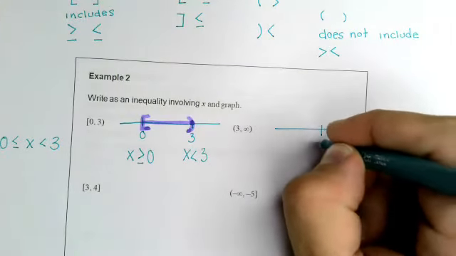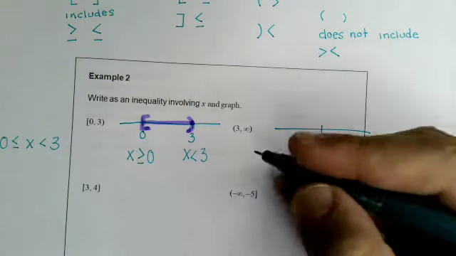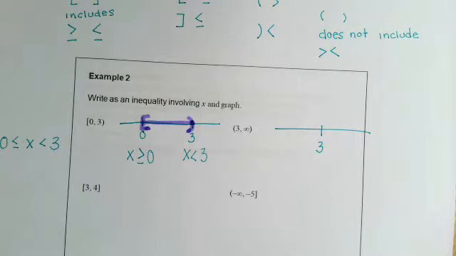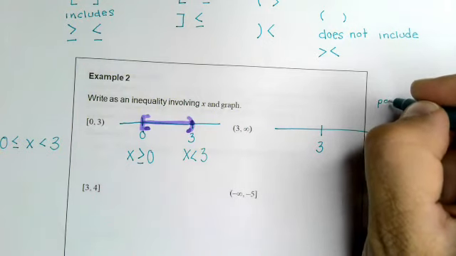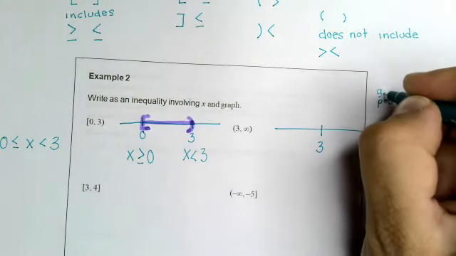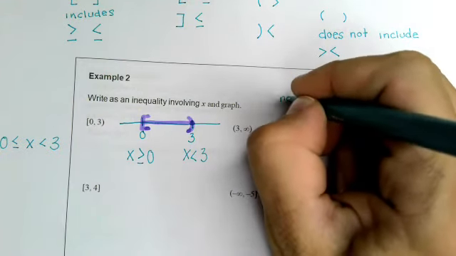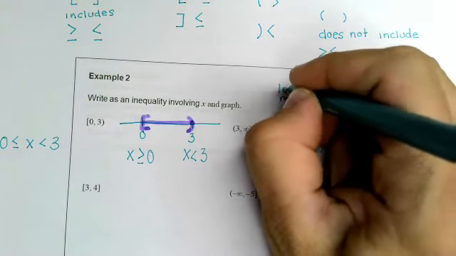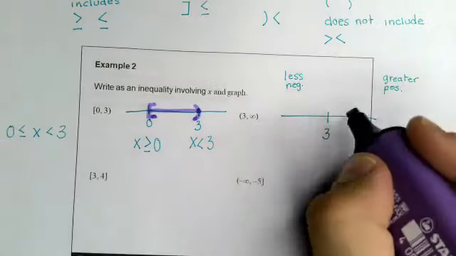We have the number 3, and we have infinity. It's a positive infinity, right? Positive is always this way, right? This is positive or greater. This is negative and less. So if it's a positive infinity, my arrow is going this way.